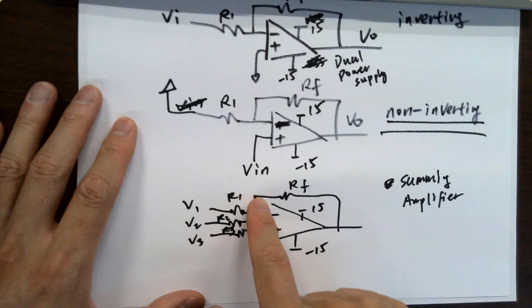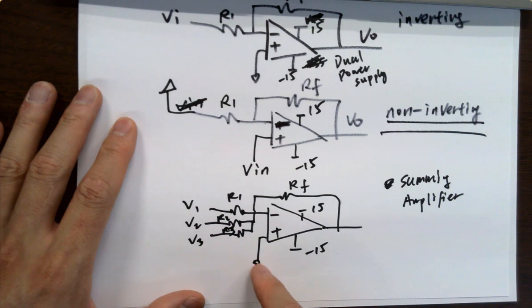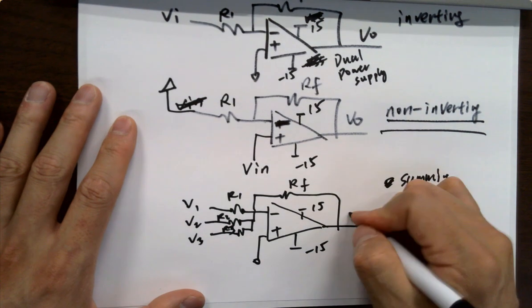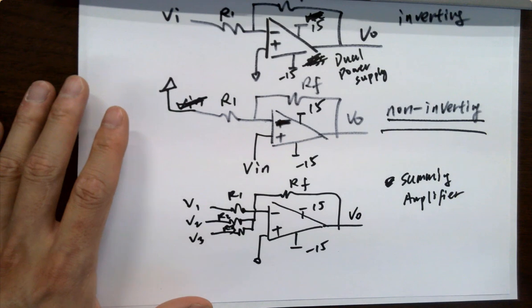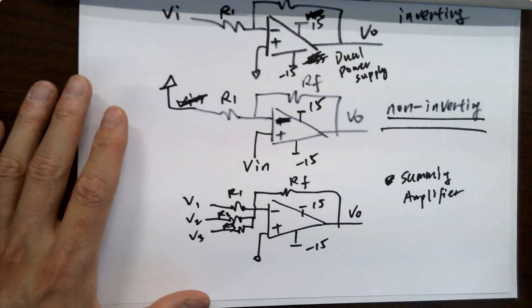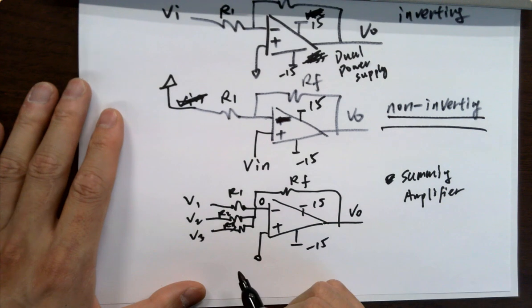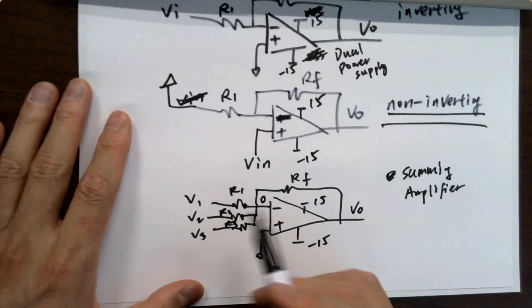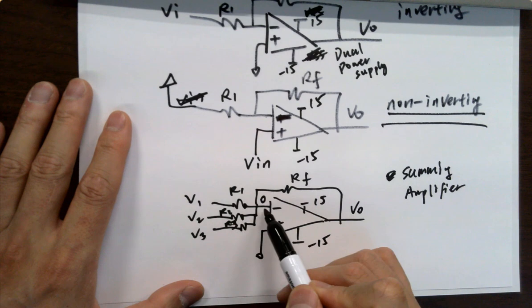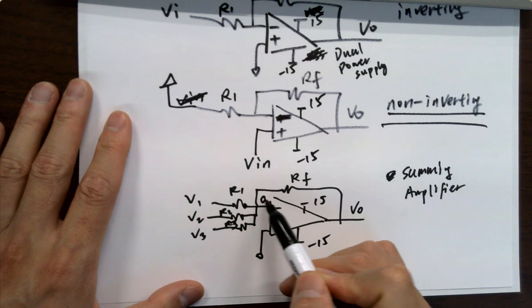Inverting terminal, summing amplifier. How to find out the VO or the voltage gain over here? How is that calculated? No difference. 0 volts, KCL. Right? So the three currents flowing in, and none of the currents is going into the op-amps. It's all flowing here.